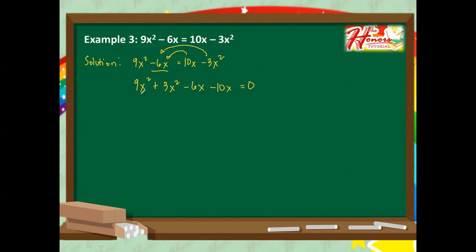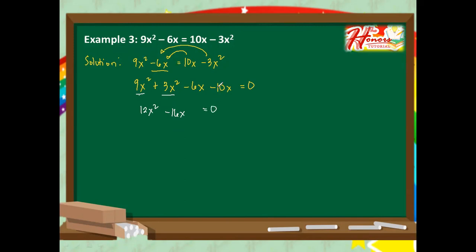So 9x squared plus 3x squared is 12x squared. Negative 6x minus 10x is negative 16x. Why? Because their signs are the same. And then also, if your sign is the same, you have to add the numbers, copy the sign, and copy the variable. So that's why we have here negative 16x equals 0.